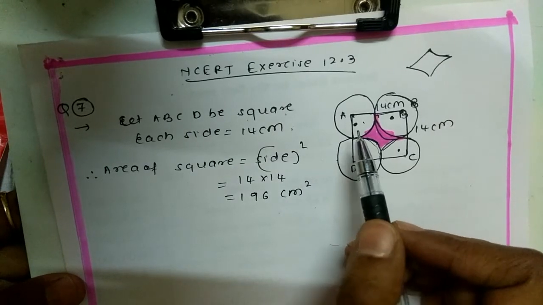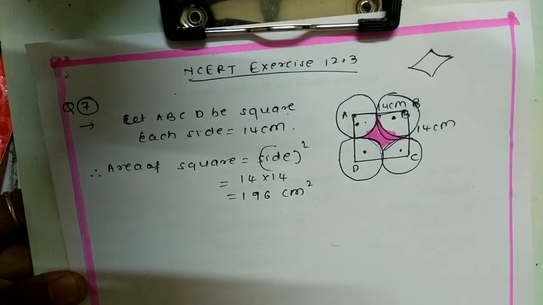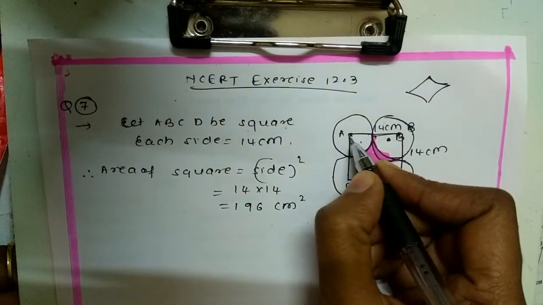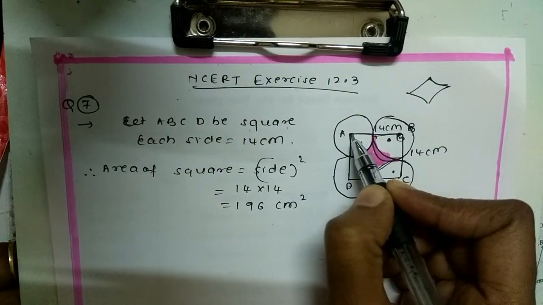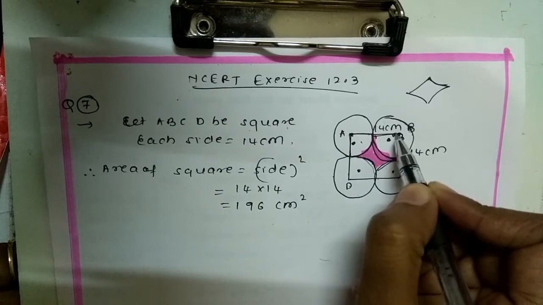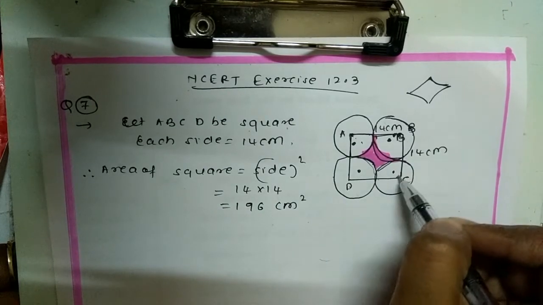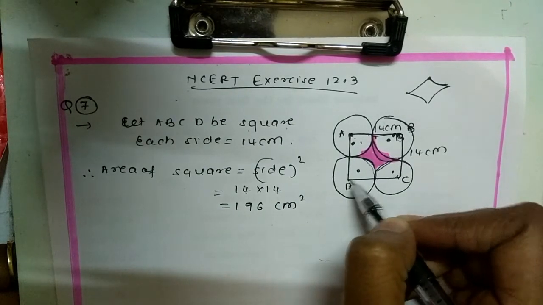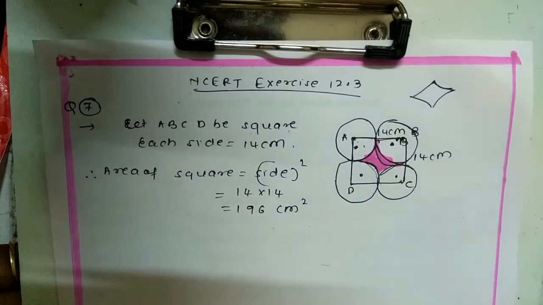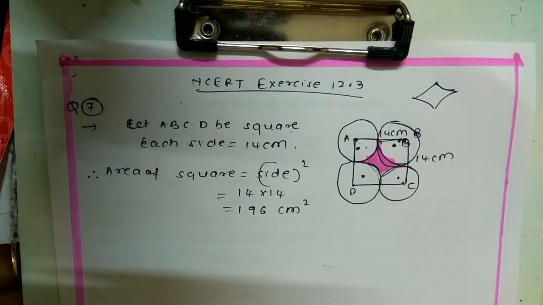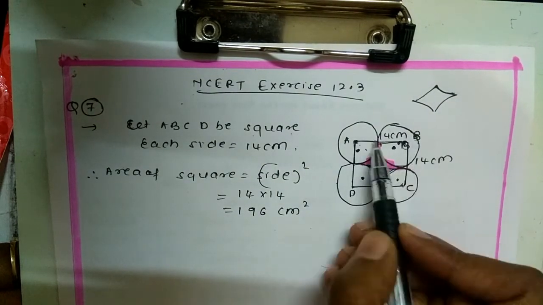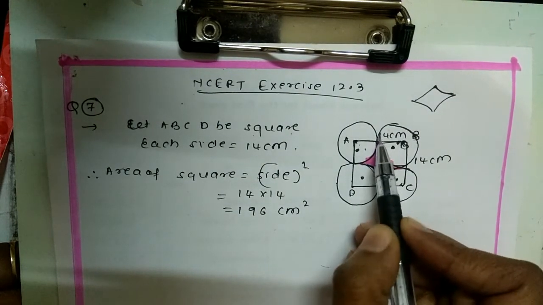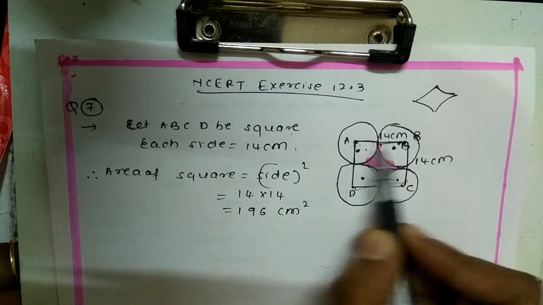So here, if you observe, we first find out its radius, isn't it? From this center to this center, it is 14. Again here 14. So you can see the radius: we take half of the side, and each radius will be the same, because each side is 14.